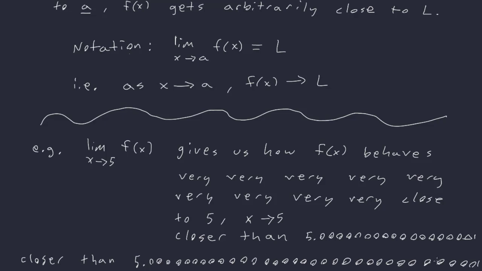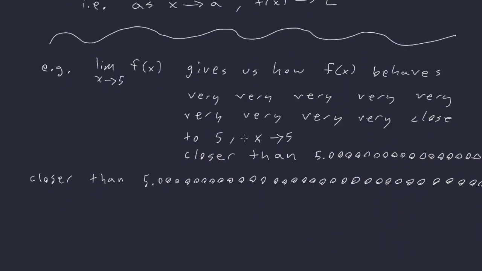Closer even than this crazy number, say even with 1,000,000 zeros. All right, we are getting extremely close to, in this case, 5, and seeing what f equals.